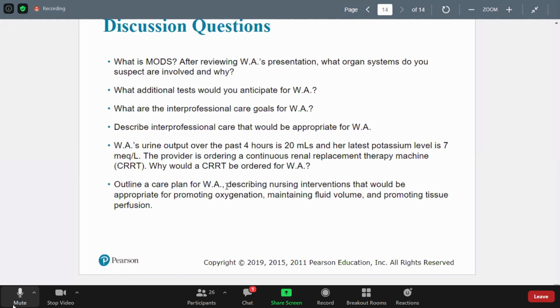Tissue perfusion, monitor vital signs, maintain continuous ECG and hemodynamic monitoring. Look for stress ulcer prophylaxis. Now I'm answering all the questions. Alright guys, so that's it.